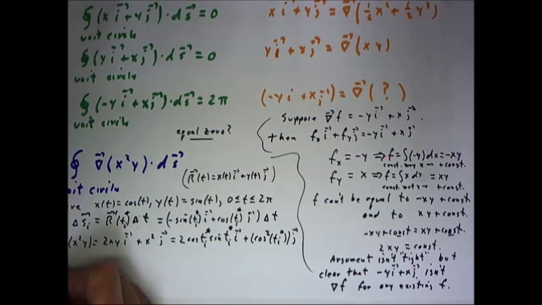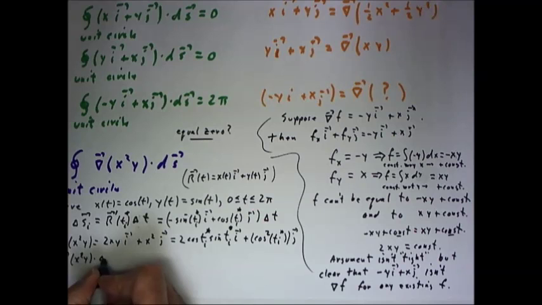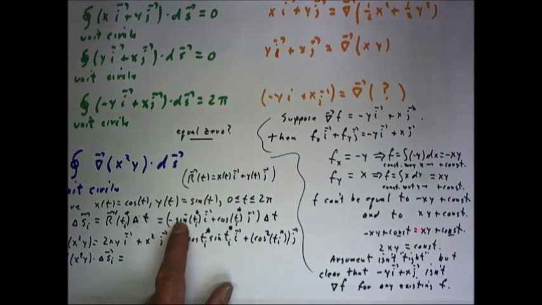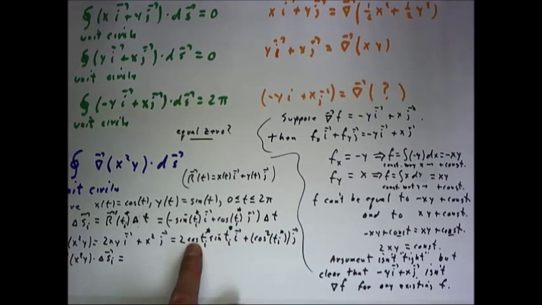So that del of x squared y dot delta si equals the dot product of the delta si vector with this vector.